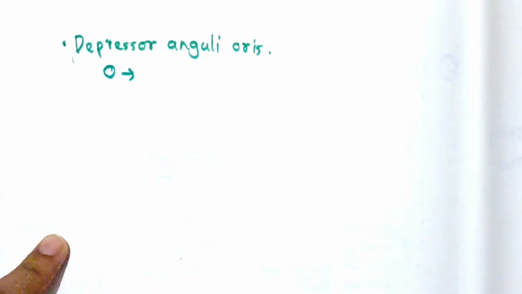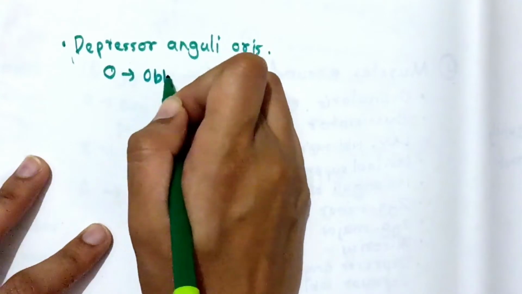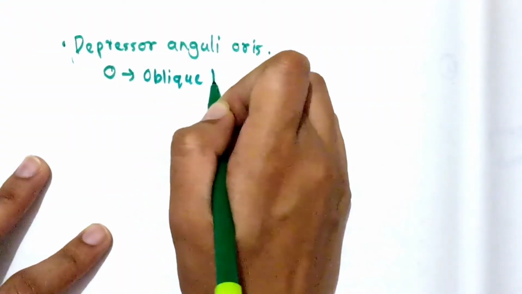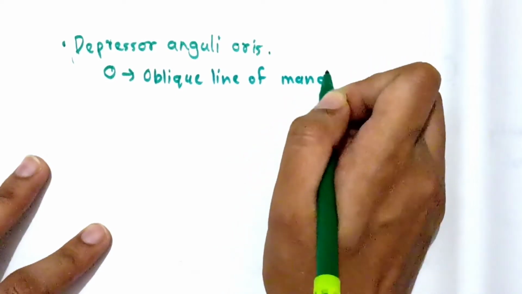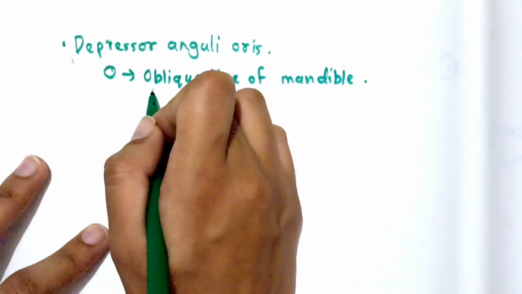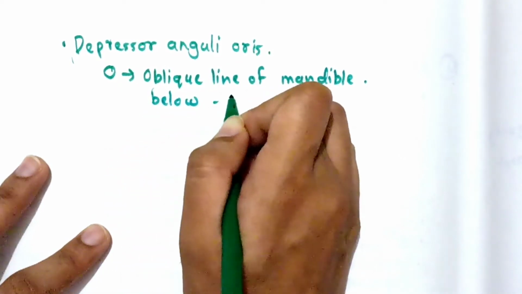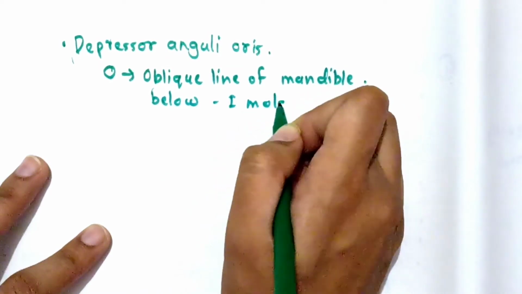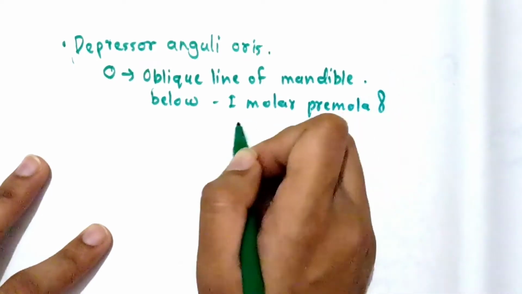So the origin is on the oblique line of mandible below first molar, premolar and canine teeth.